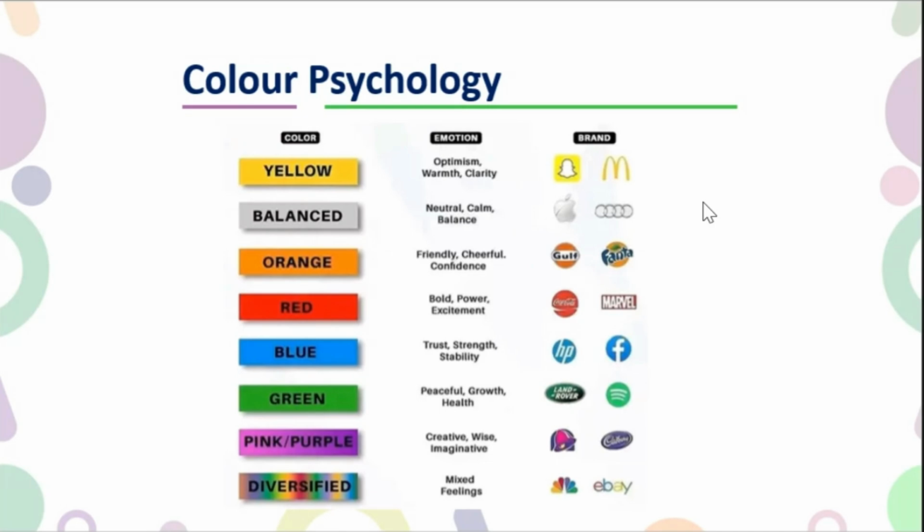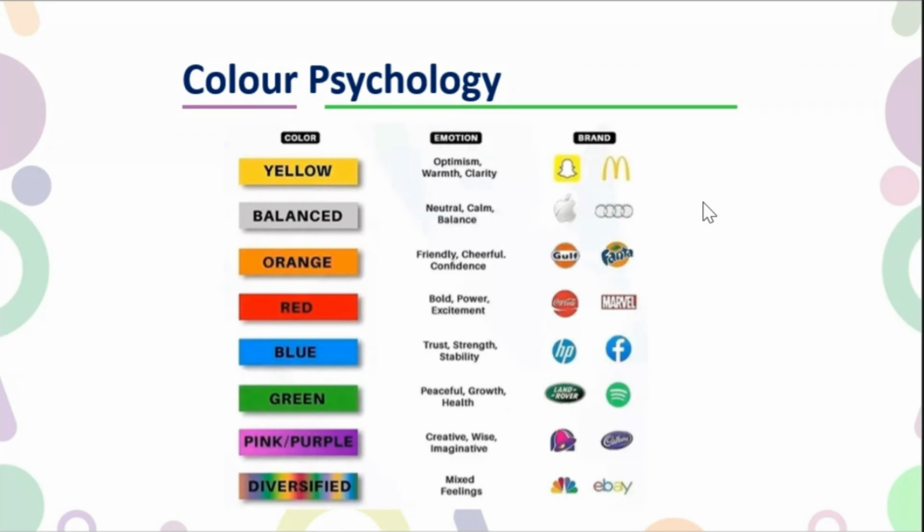Then when we take the orange color, popular brands like Fanta and Golf also use orange in their colors because of the emotions they stimulate. When we take red, as I said earlier, Coca-Cola, Marvel, the popular Netflix, they all use red because of the feelings they stimulate.